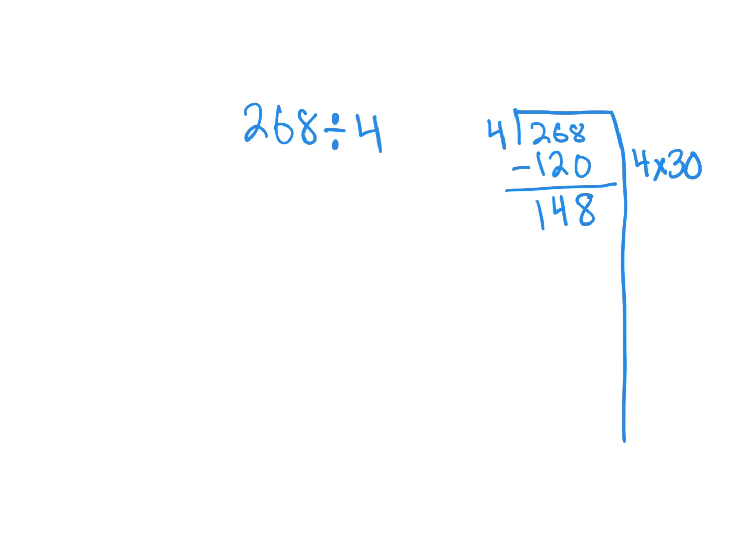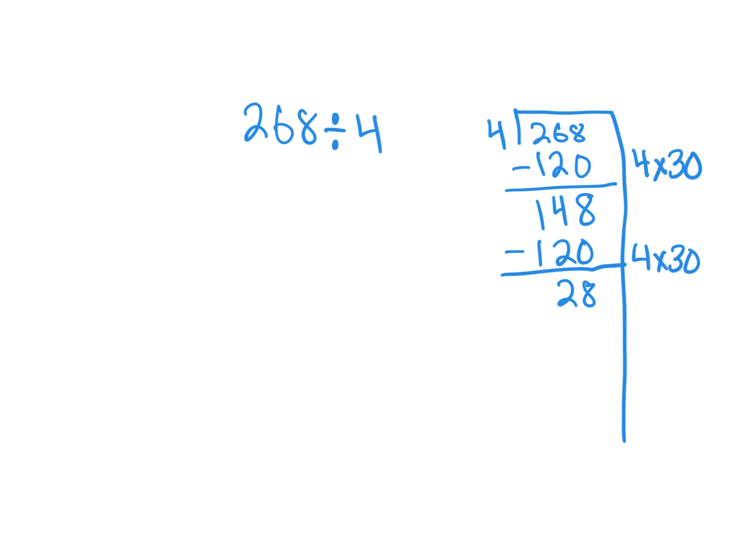I have 148 things left to split into 4 groups, so perhaps I notice, hey, I can do another 4 times 30. That's 120. I subtract that off. I have 28 left.